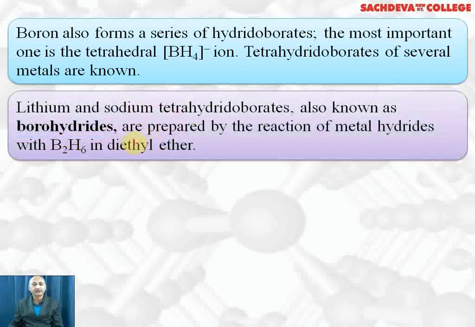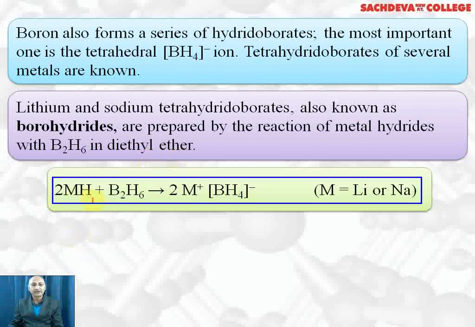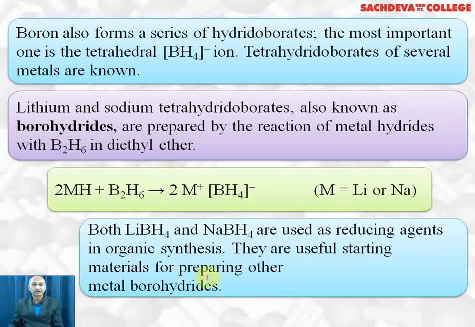They are prepared by reaction of metal hydrides with diborane in diethyl ether as a solvent. 2MH, meaning sodium hydride or lithium hydride, will react with B2H6 to form sodium borohydride or lithium borohydride. So the metal is lithium or sodium. Both lithium borohydride and sodium borohydride are used as reducing agents in organic synthesis. They are useful starting materials for the preparation of other metal borohydrides.